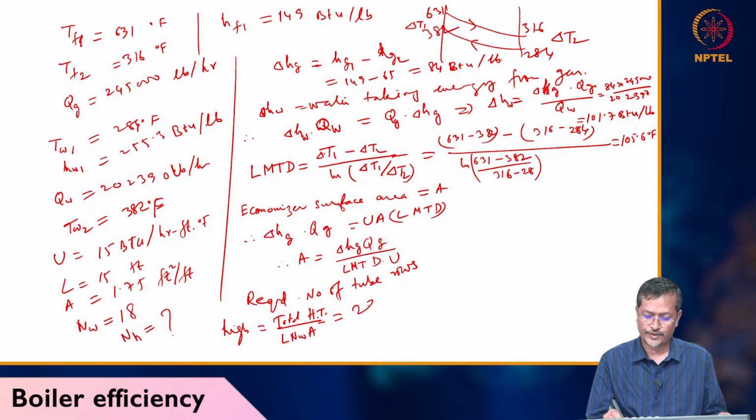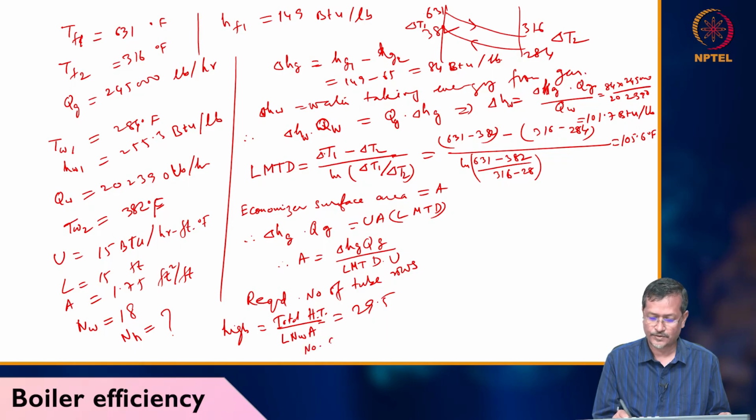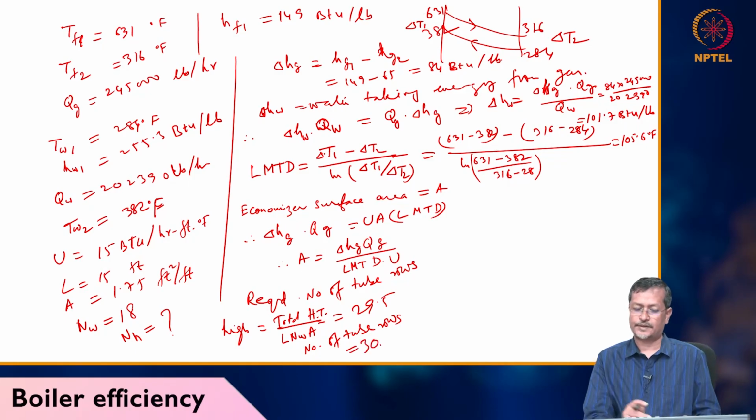So this will be becoming 29.5. So number of tube rows equals 30. Why 30? Because starting and ending at the same point, so it will be an even number.